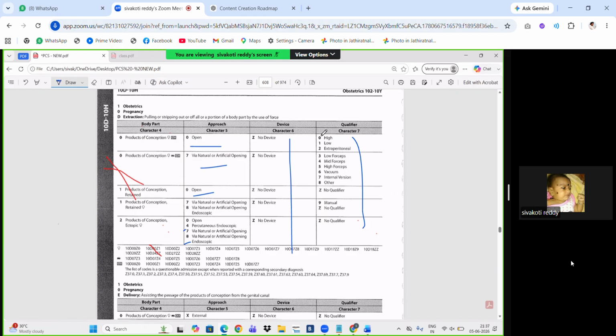It should be retained. Suppose they did an abortion. Retained products means some parts are still in the body. So this will come under miscarriage. Retained means the place in our body, it did not come outside the body. Suppose while they perform a procedure, they put in scissors and all. Retained foreign body means they forgot it in our body. It should be retained. Okay, sir.